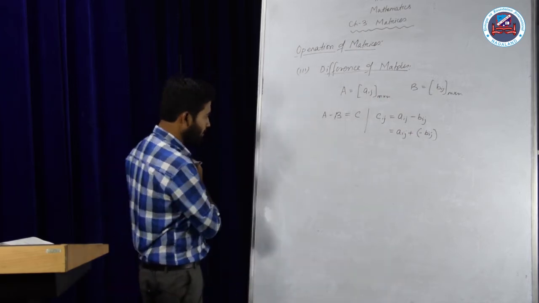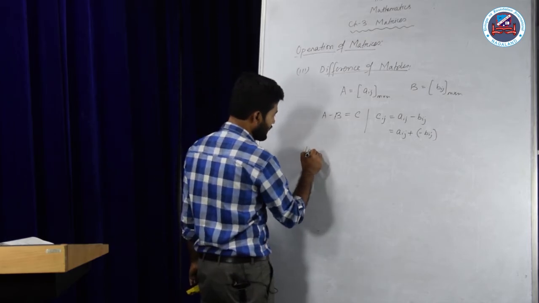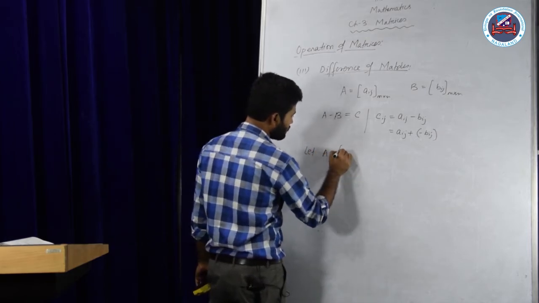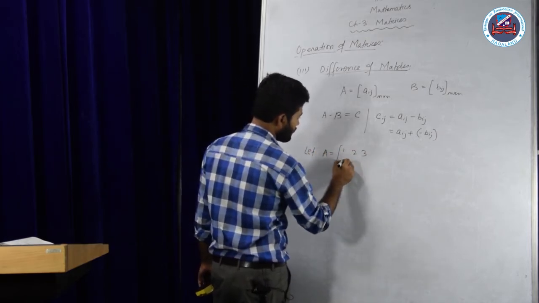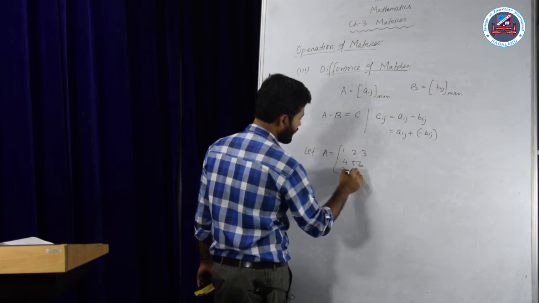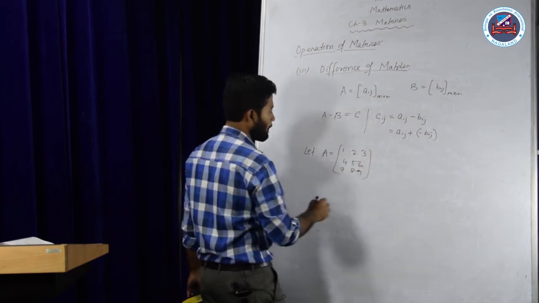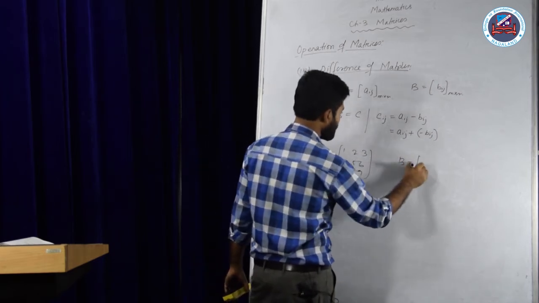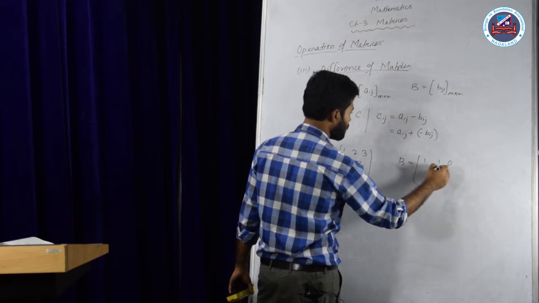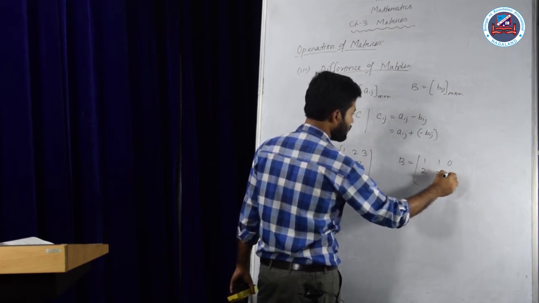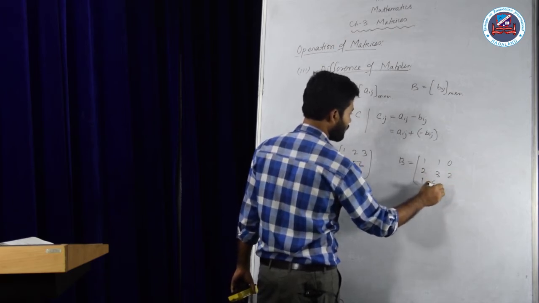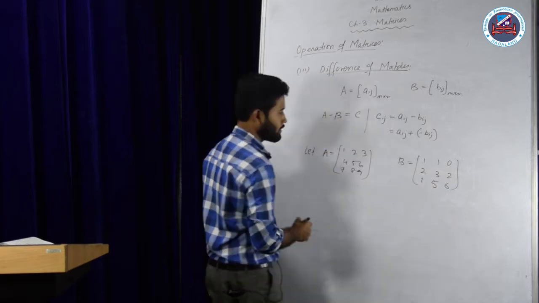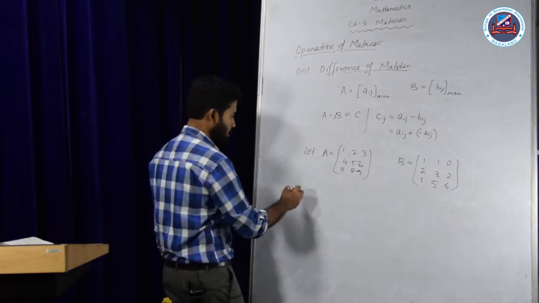So for a specific case, I can see that A is equal to 1, 2, 3, 4, 5, 6, 7, 8, 9, and B is 1, 1, 0, 2, 3, 2, 1, 5, 6. Okay, so how to do the subtraction?